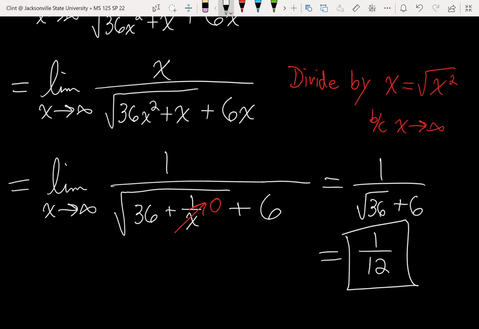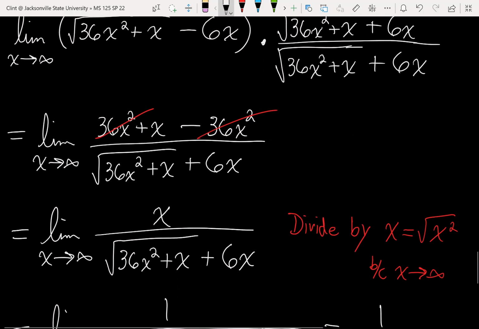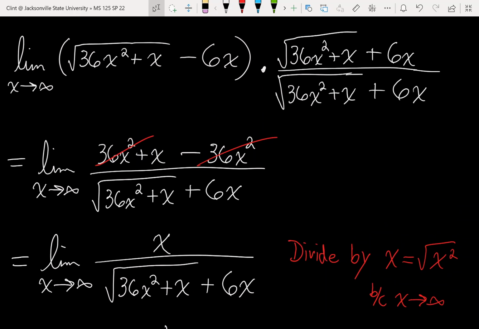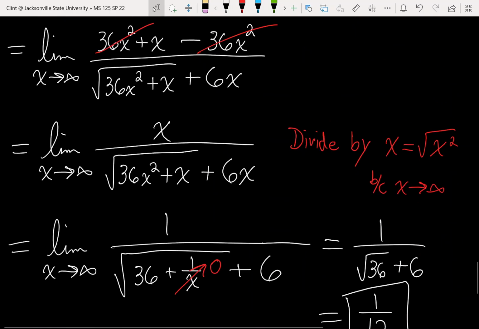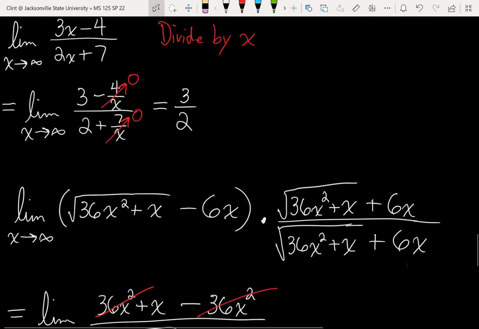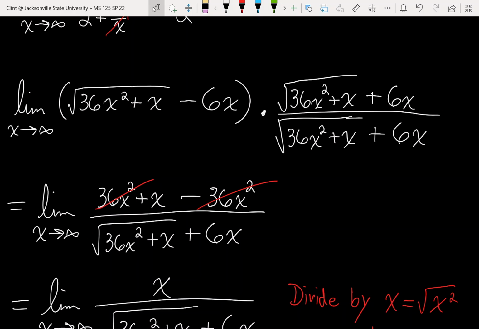Anytime you have a rationalizing step, it always just makes things long. But if you remember that pattern, actually doing the rationalizing is not bad. But hey, that's 1 over 12, which is very hard to get from infinity minus infinity. So you have to be careful. We can't do arithmetic operations with infinity. Okay.